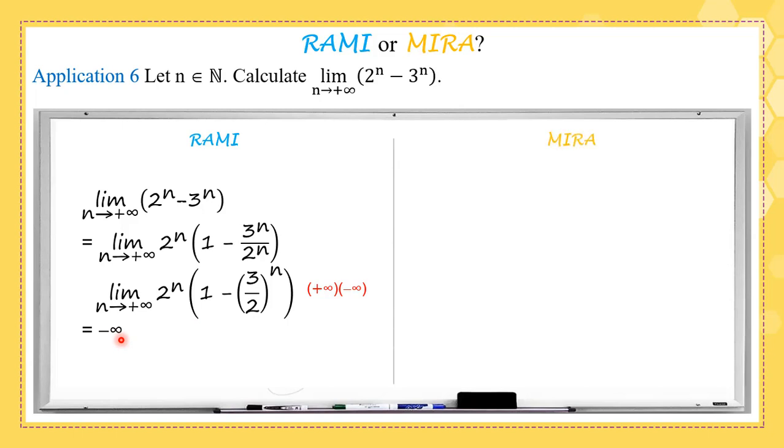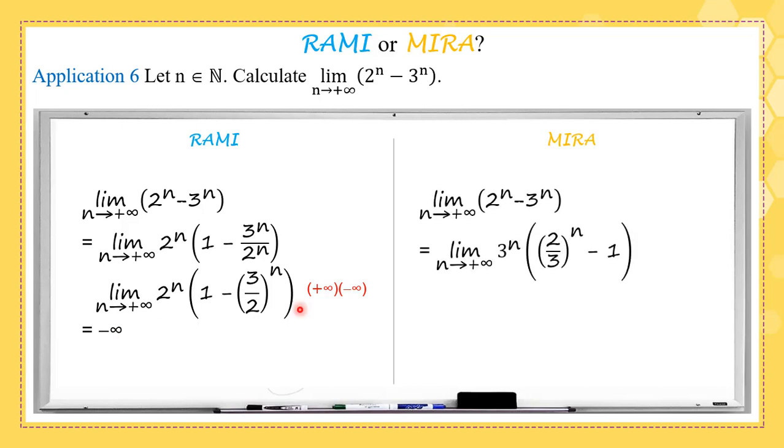Let's see Mira. Mira said if we take 3 to the power n as a common factor, we get here 2 over 3 to the power n minus 1, which is plus infinity multiplied by minus 1, because the limit of this quantity is 0, and this is equal to minus infinity. Well, which one do you prefer, and which one is correct?